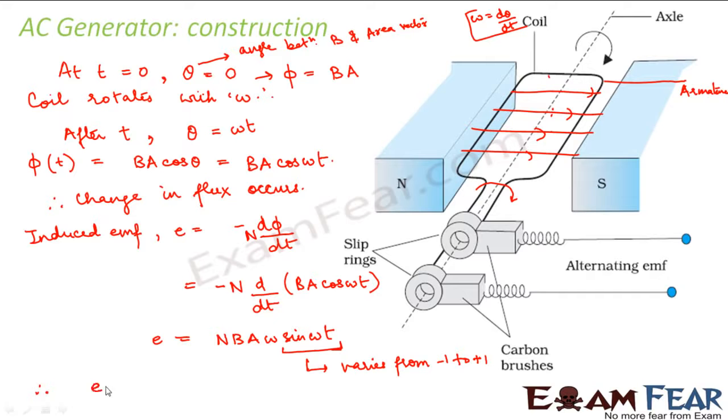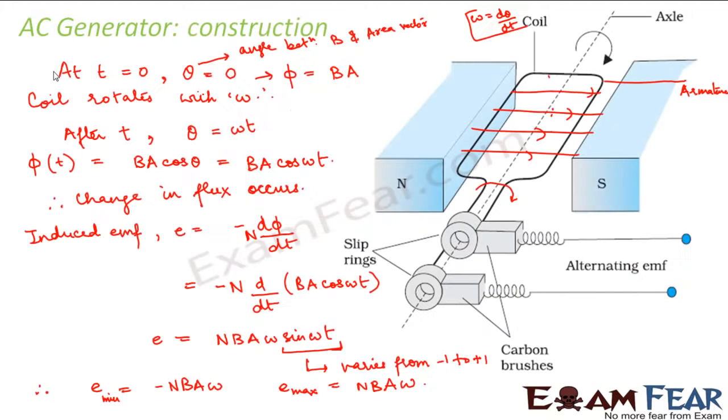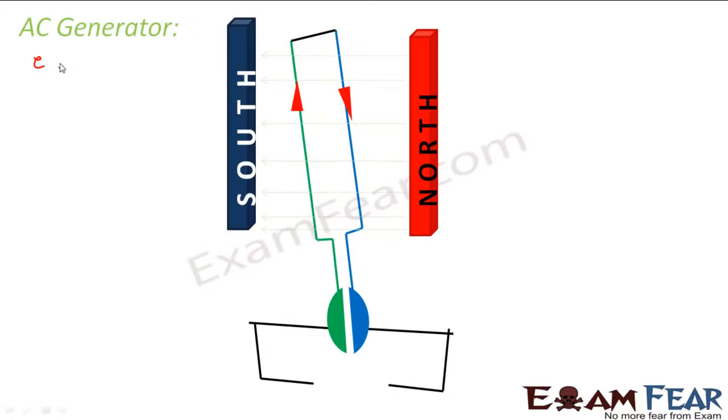Therefore, the minimum value of E will be equal to minus NBA omega, and the maximum value of E will be equal to NBA omega. So the value of E varies from minus NBA omega to plus NBA omega. Therefore, we can write E is equal to E naught sin omega t.